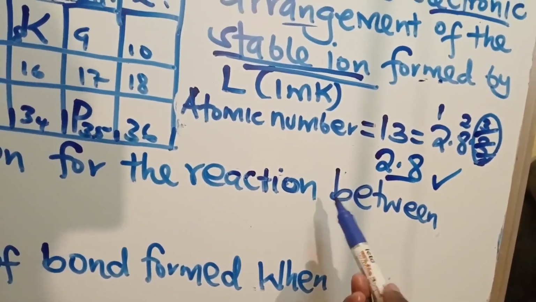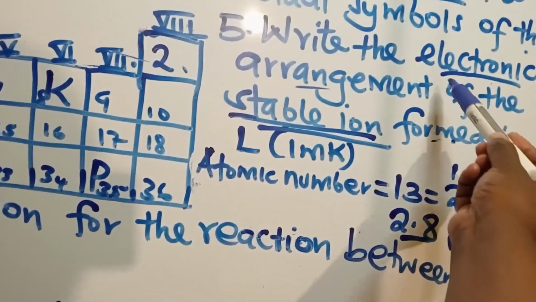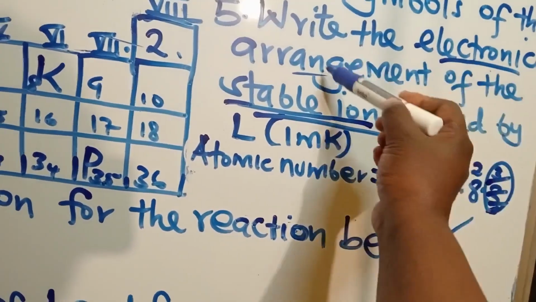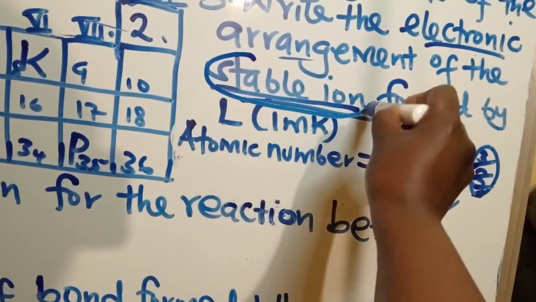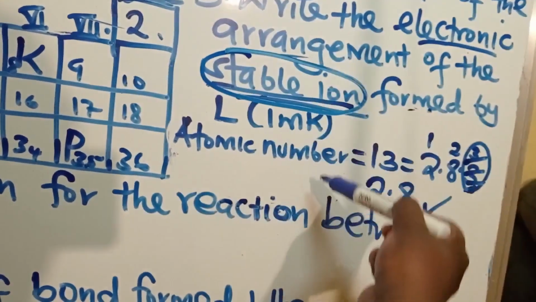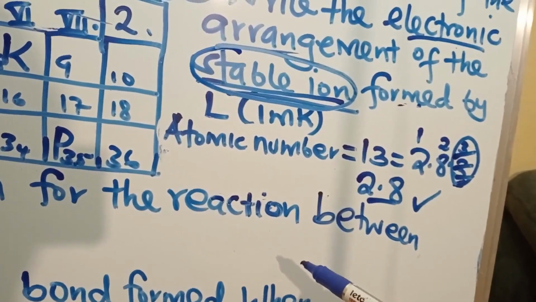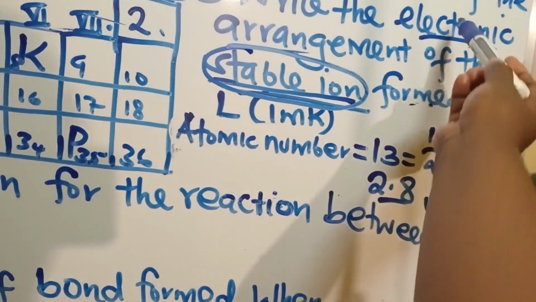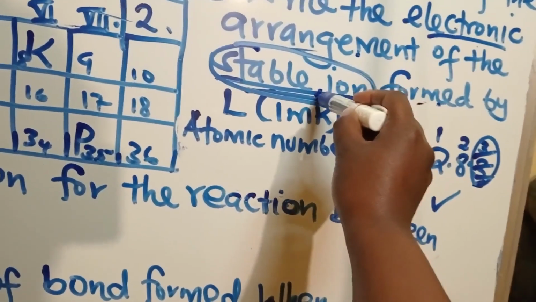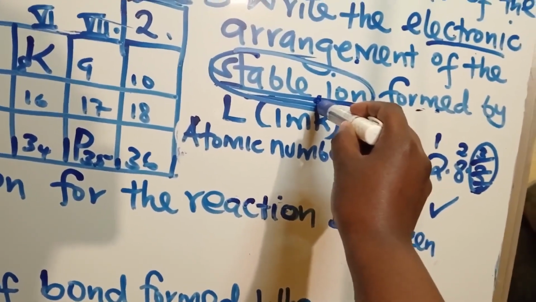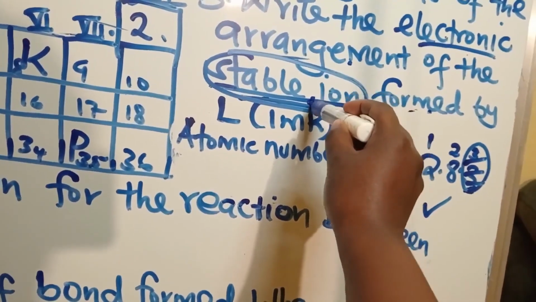So either the question is requiring you to write the electronic arrangement for the stable ion, or they go direct and tell you to write the ionic configuration. So the other name of electronic arrangement for the stable ion is ionic configuration.